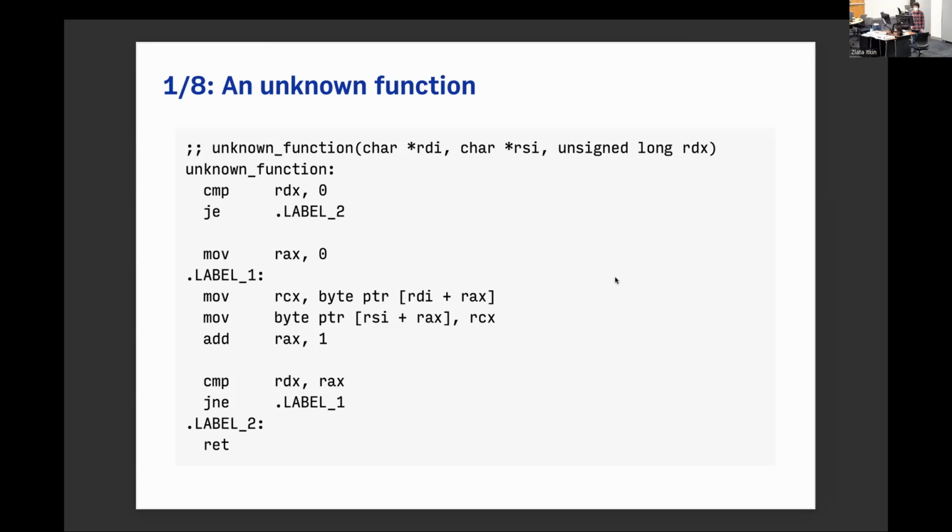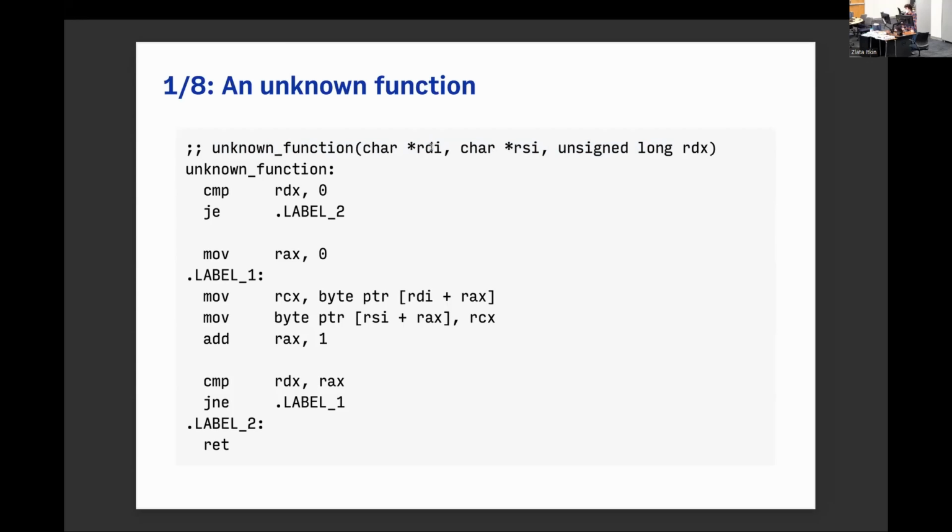Unless you have an iPad or an M1 Mac, this is what your computer runs. And I should note that this isn't completely valid x86, but I made some modifications so that this is more palatable. I've given the function prototype up here. So this normally wouldn't be provided to you if you're reverse engineering, but I'm adding a little more context.